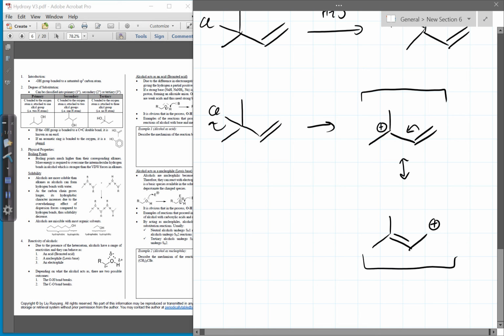These two forms are actually resonance structures, and you are required, sadly for this year, to know how to draw simple resonance structures like this. This is considered very simple because you only need one arrow. What this actually means is that you have a hole here, correct?